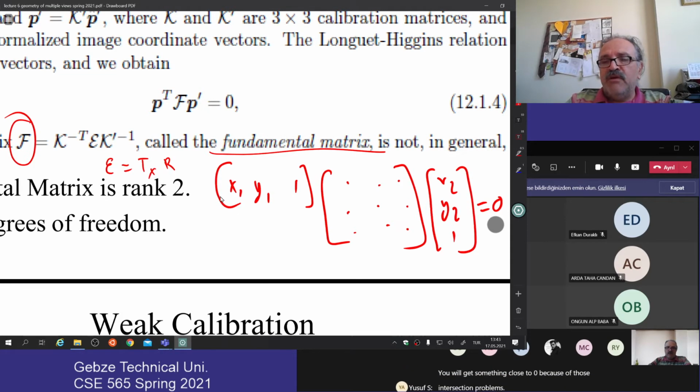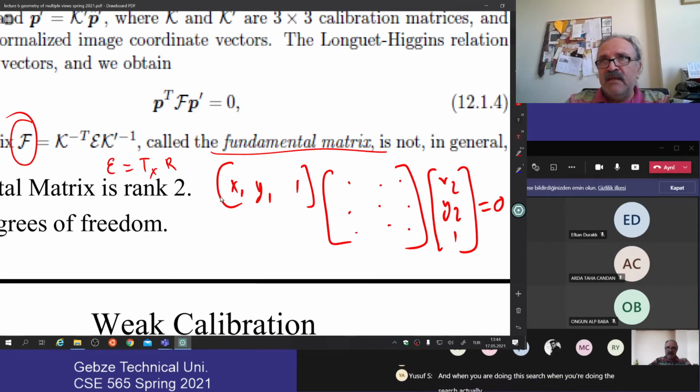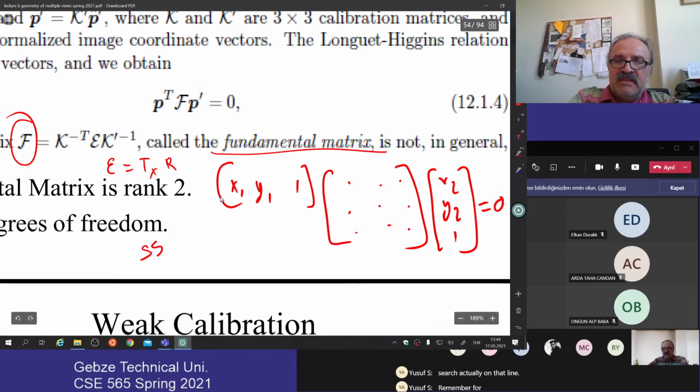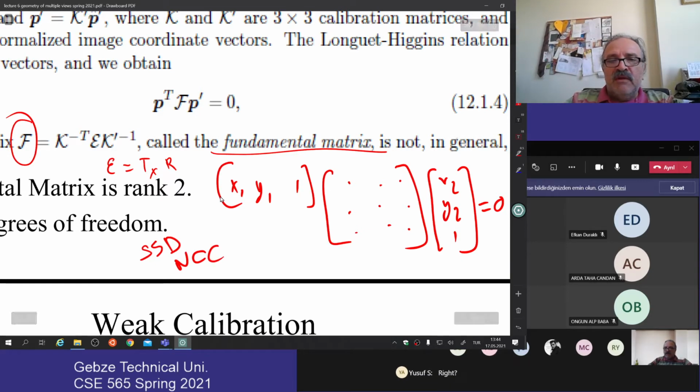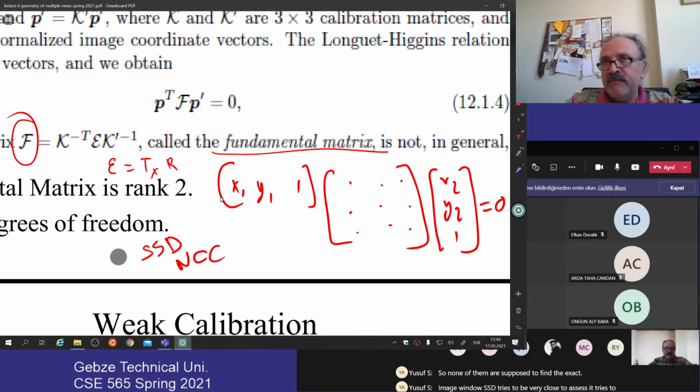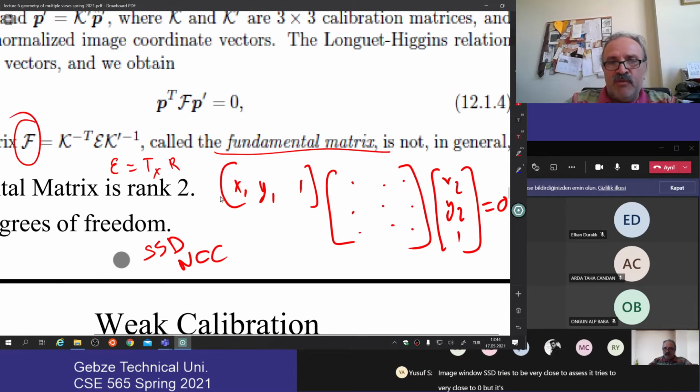And when you are doing the search on that line, remember, for search, what did we use? We use sum of square distances or normalized cross correlation, right? So none of them are supposed to find the exact image window. SSD tries to be very close to 0, but it's not going to be 0 perfectly.